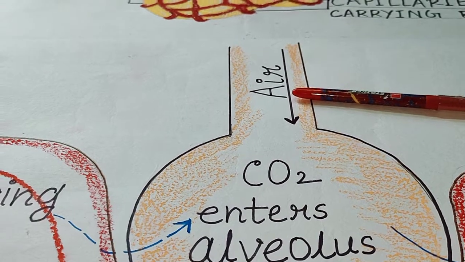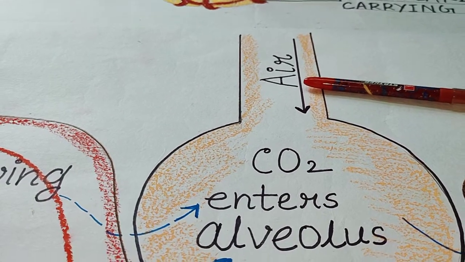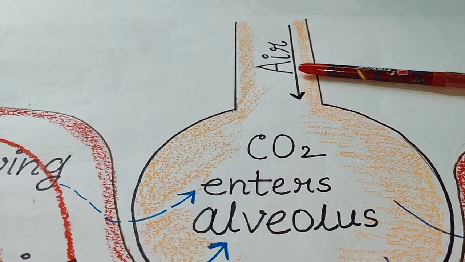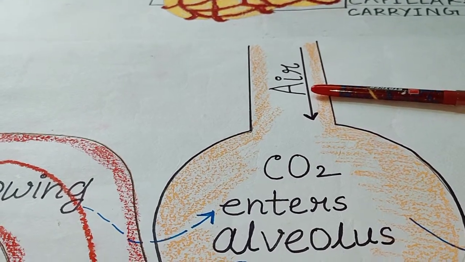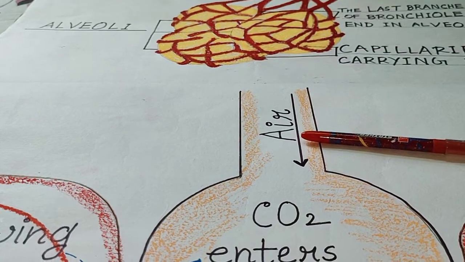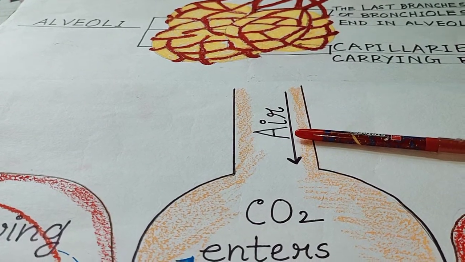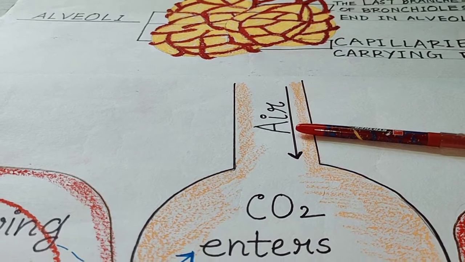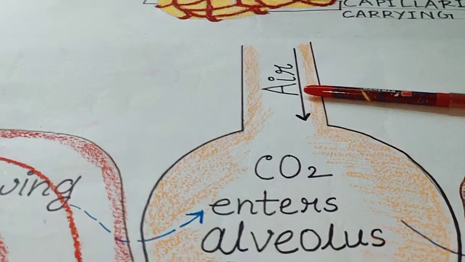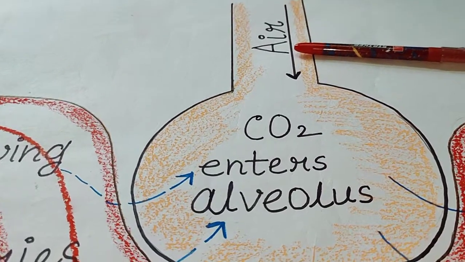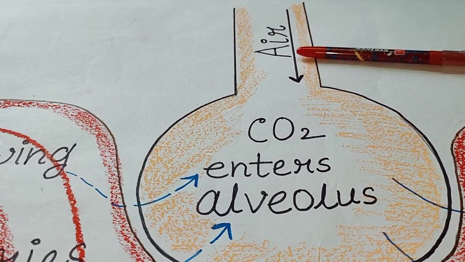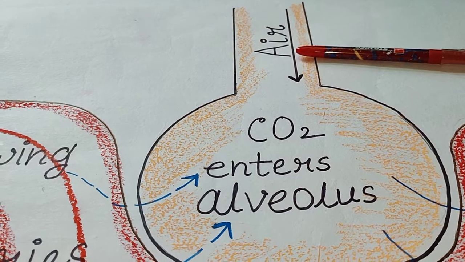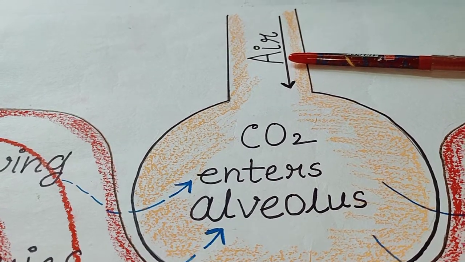During the process of breathing in, air sacs or alveoli of the lungs get filled with air containing oxygen. Alveoli are surrounded by very thin blood vessels called capillaries carrying blood in them. So the oxygen of air diffuses out from the alveoli walls into the blood.